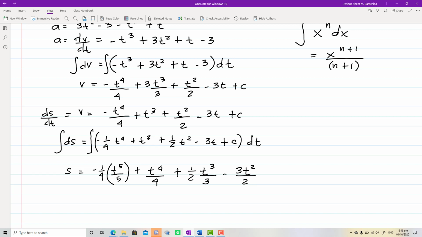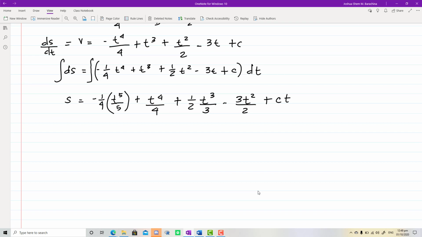We have here plus a constant of integration times t. Then, simplifying, you now have your position equation.